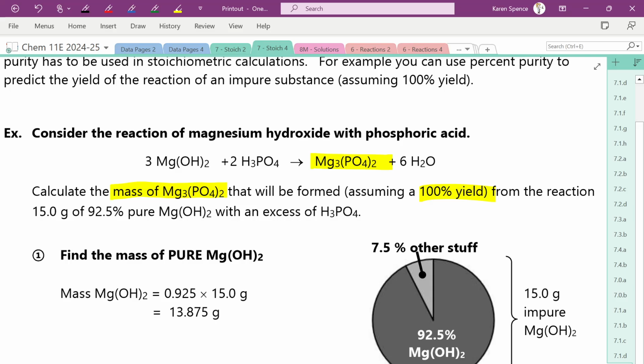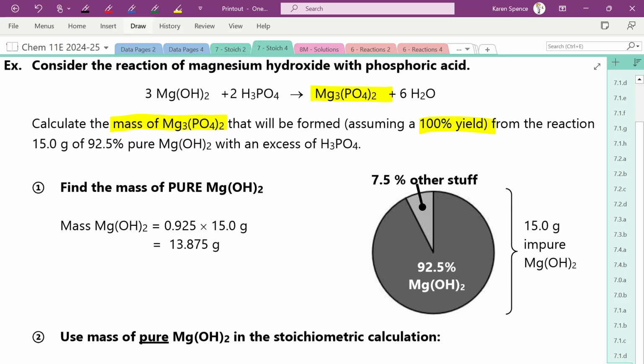So what we have is the impure sample of magnesium hydroxide, and 92.5% of that is actually MgOH2, and the other 7.5% is junk. Yes?